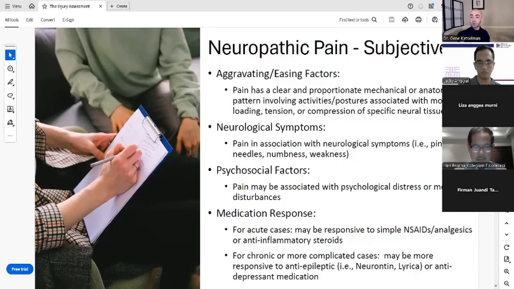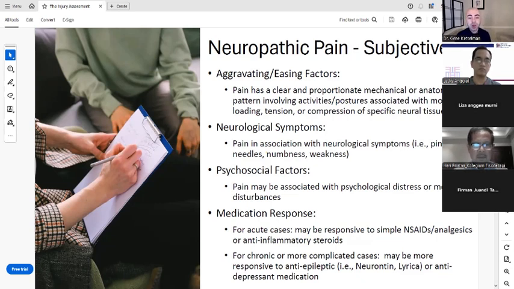So a patient with stenotic pain, they're going to say, I can sit all day, I can bend forward, and I feel great. But when I walk for long periods of time or when I bend backwards, that is when my pain comes on. So it's a very predictable pain that is associated with very specific loading of nerve tissue.